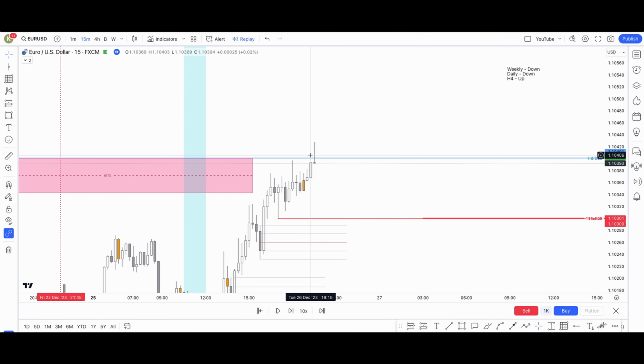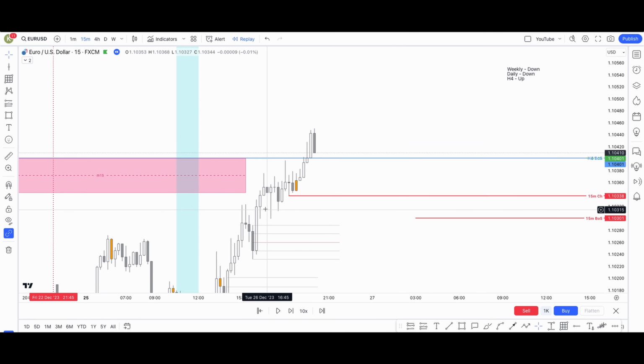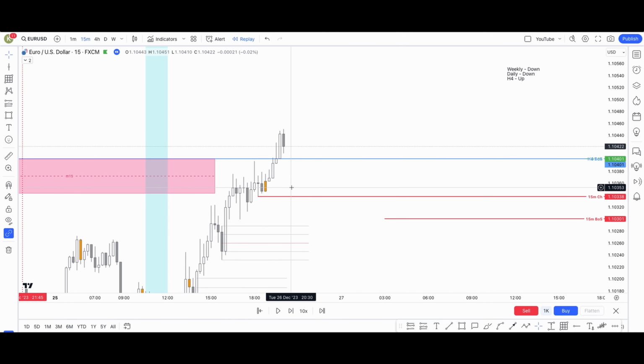So here we go, coming through, just not particularly good. Still, I would be moving this along, although we have passed through here. So yeah, there's that. And then we've got an inside bar here, which again I like the look of.